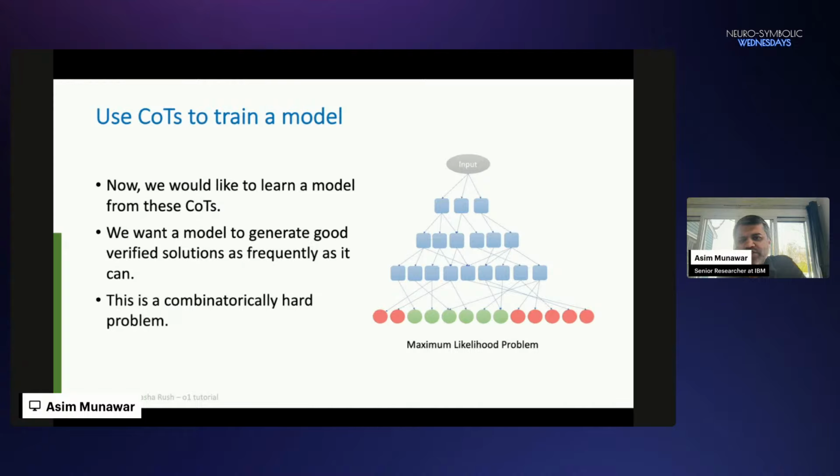So instead of doing a self consistency check, running a lot of different chains of thought, or taking a chain of thought that is more exotic and can do self correction, here we just take one path and try to increase the maximum likelihood of that answer. So that's what we are training in the large reasoning models. And this is a combinatorially hard problem, so it's not trivial.